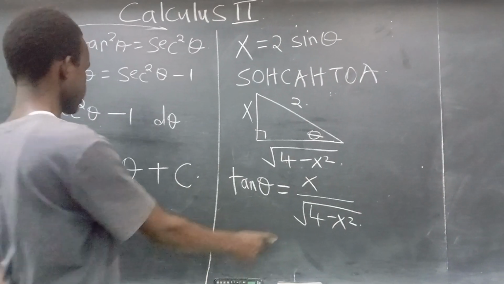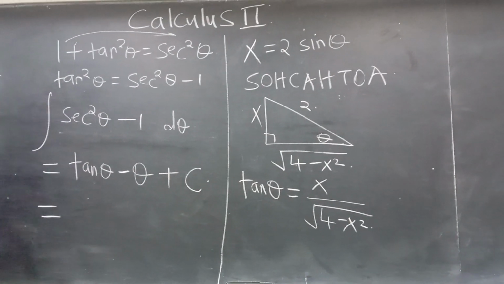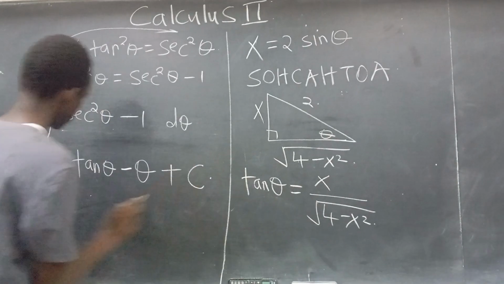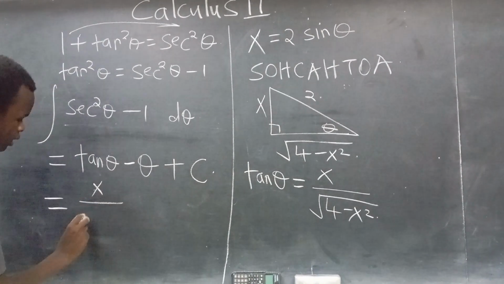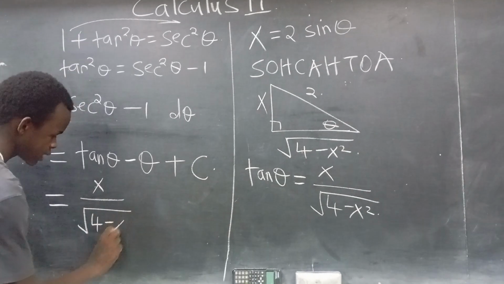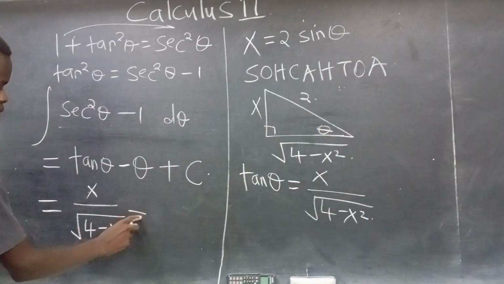So from here, here's my final answer. What's my tan theta? My tan theta is x divided by the square root of 4 minus x squared, minus, but what is my theta?